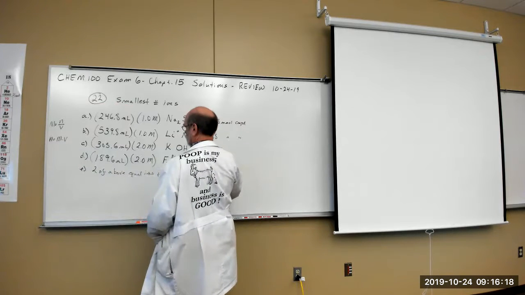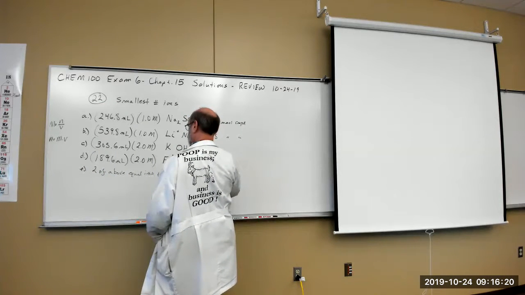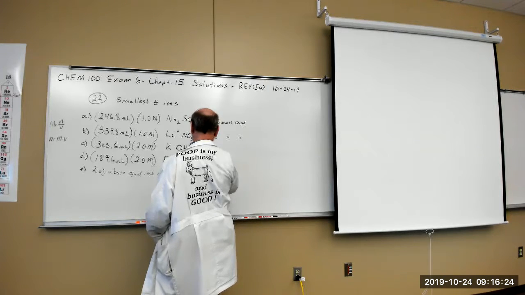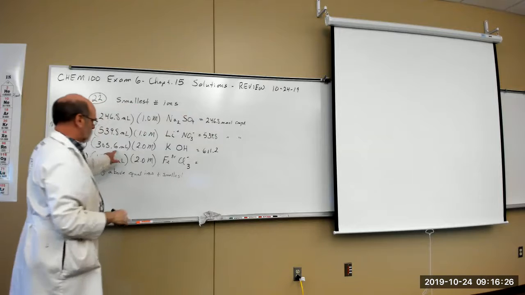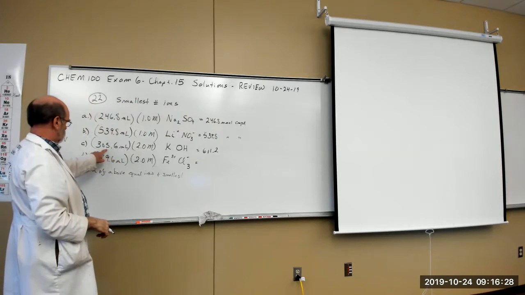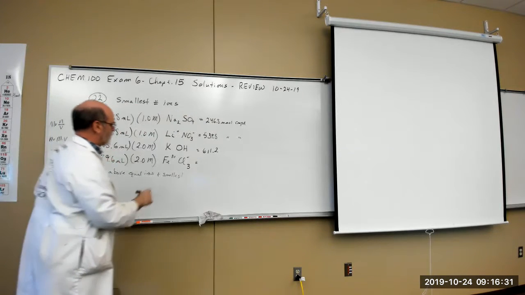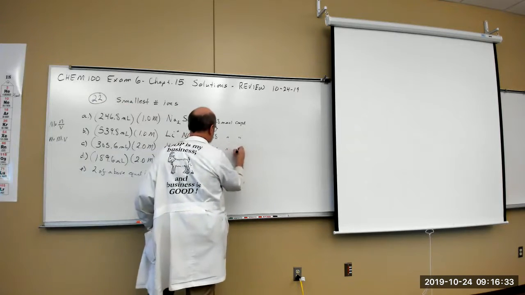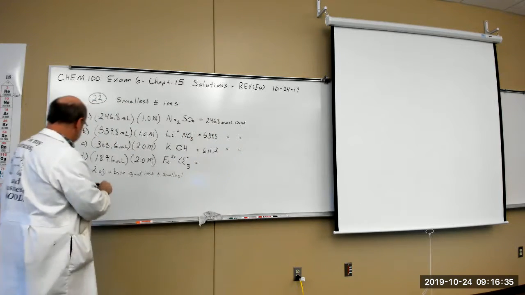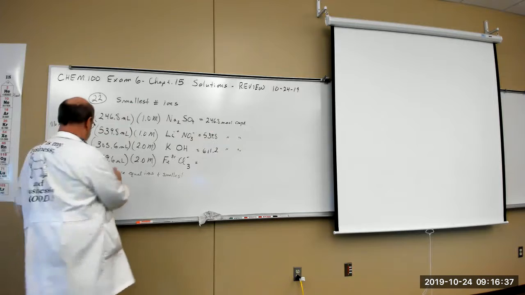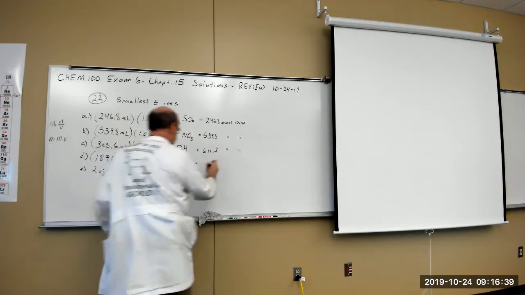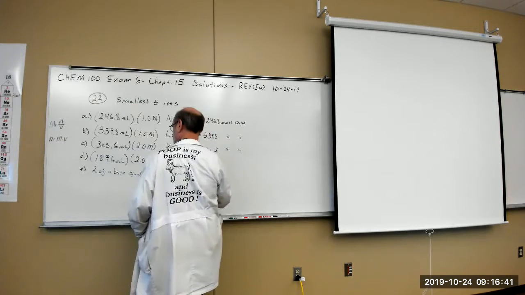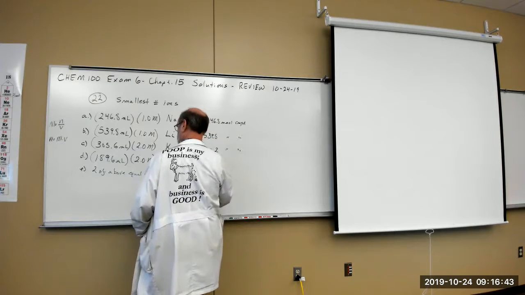I have to go backwards. Is that right? Yep. So that's millimoles of compound. And this one is 2 times 189.6. I can do that with my hand. 17.3.